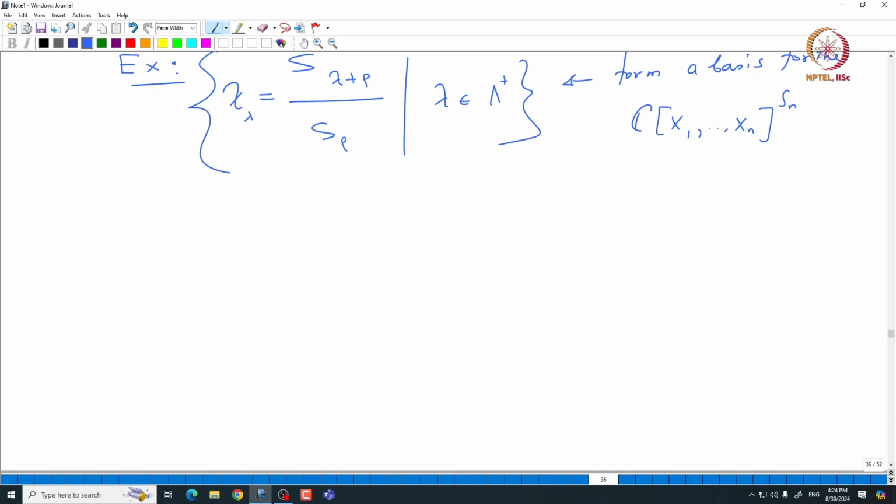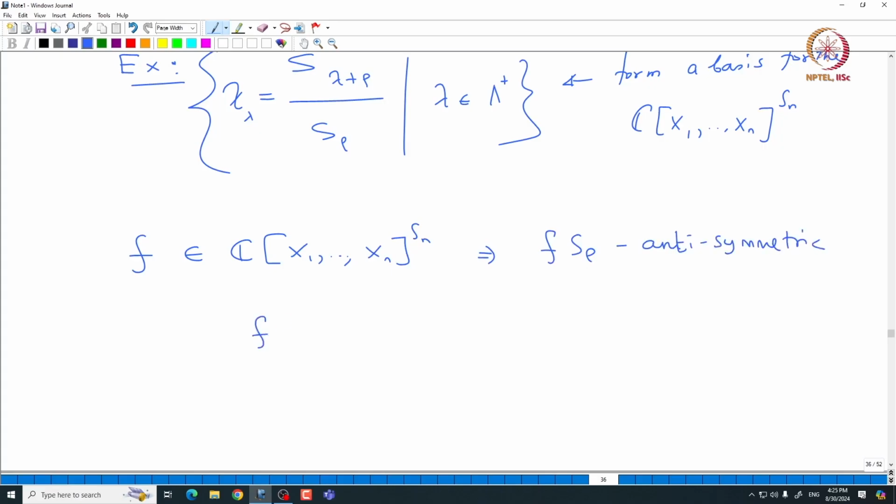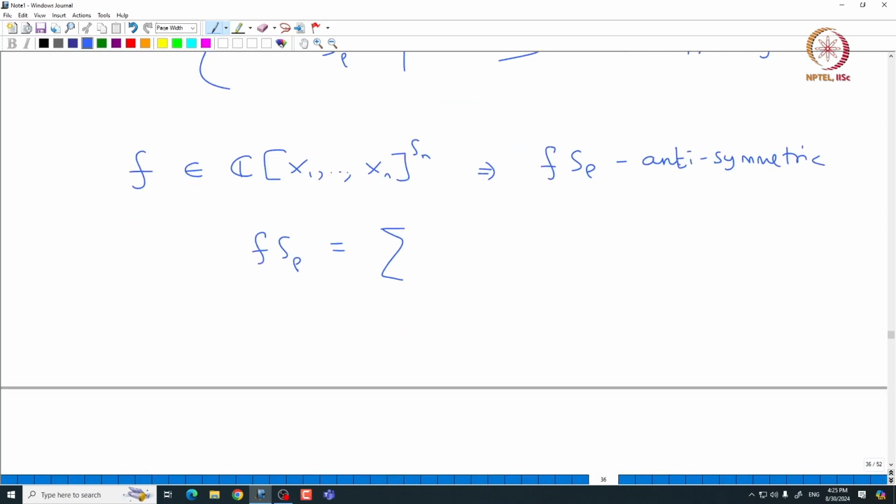Okay. So, maybe you can directly try to prove it. If you take some f from the symmetric polynomials, then that implies that f S rho is going to be antisymmetric. That is obvious to see. So, f S rho being antisymmetric implies that you can write f times S rho as the summation a mu S mu plus rho. This is something we already proved.